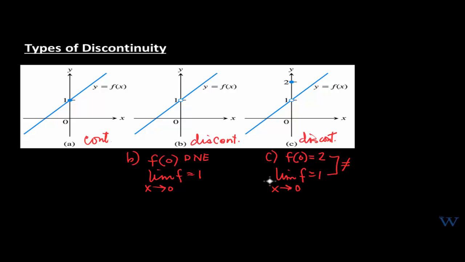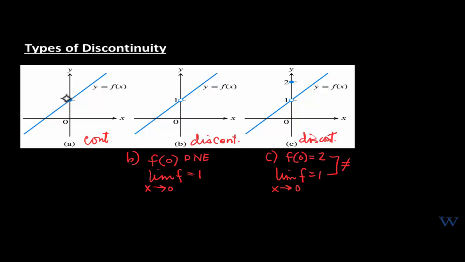So if we recall our test of continuity, it has to be that the function value exists, and not only that, the limit as x approaches the value, like here at 0, the y values, its limit corresponds to the value of f of x at that point. So that means it just doesn't have any hole.